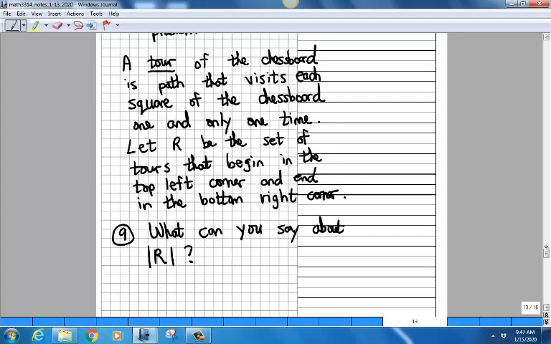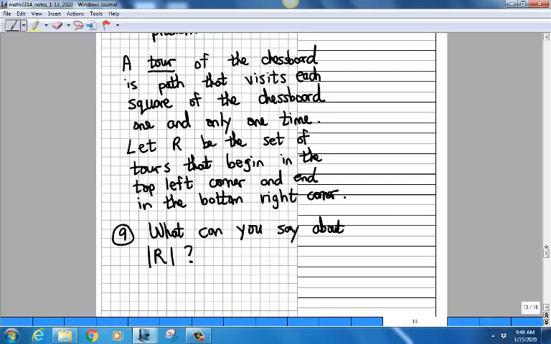So that's a path that covers every square of the chessboard. So a traversal is not a tour of the chessboard, because in a traversal you don't visit every square. But in a tour, we're going to visit every square of the chessboard. Some path that visits every square of the chessboard, that is a tour.